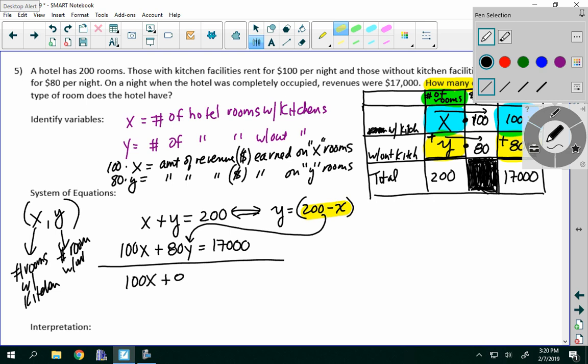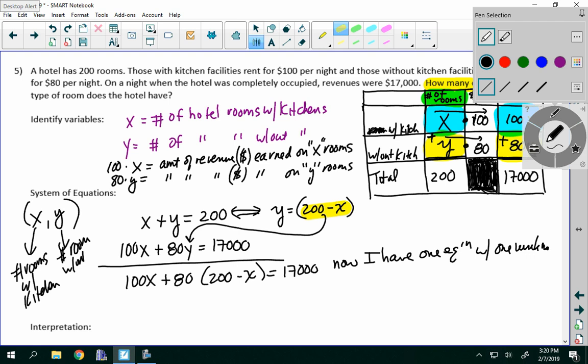100x plus 80 times (200 minus x) equals 17,000. And now I have one equation with one unknown, and I get to solve it. So let's do that. 100x plus 16,000 minus 80x equals 17,000.